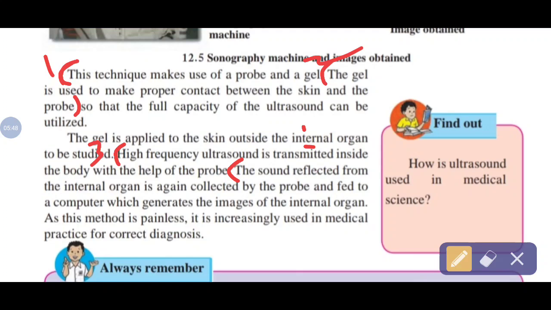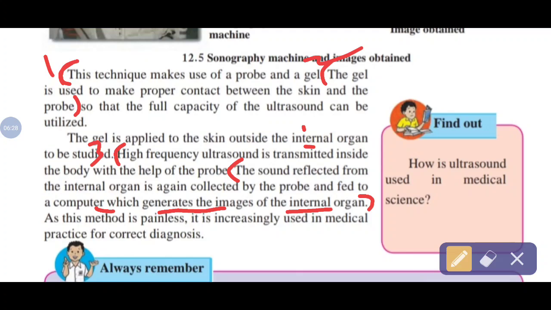Now the fourth point: the sound reflected from the internal organ is again collected by the probe and fed to a computer which generates the images of the internal organ. So these 4 important points you write in the answer. What is the question? Explain the technique of sonography. Such a question is asked in the exam.